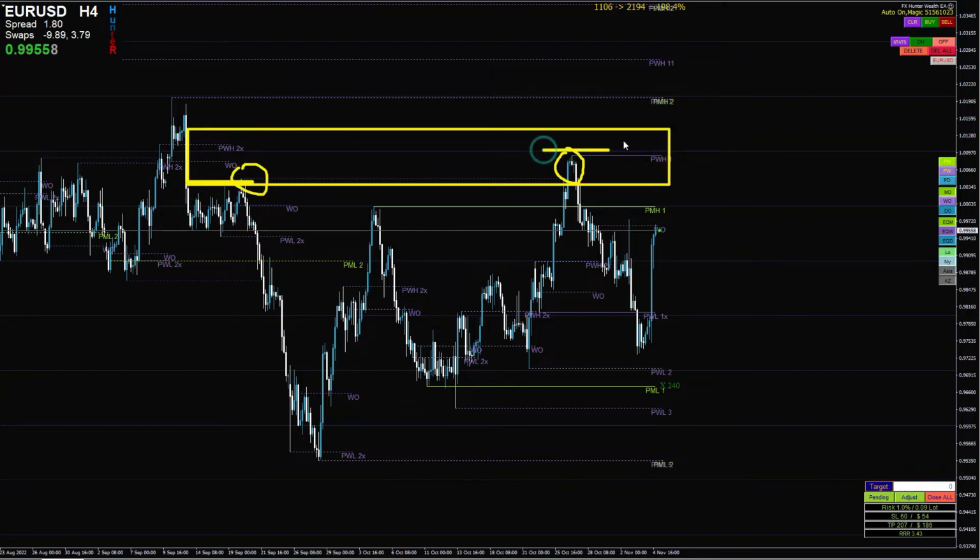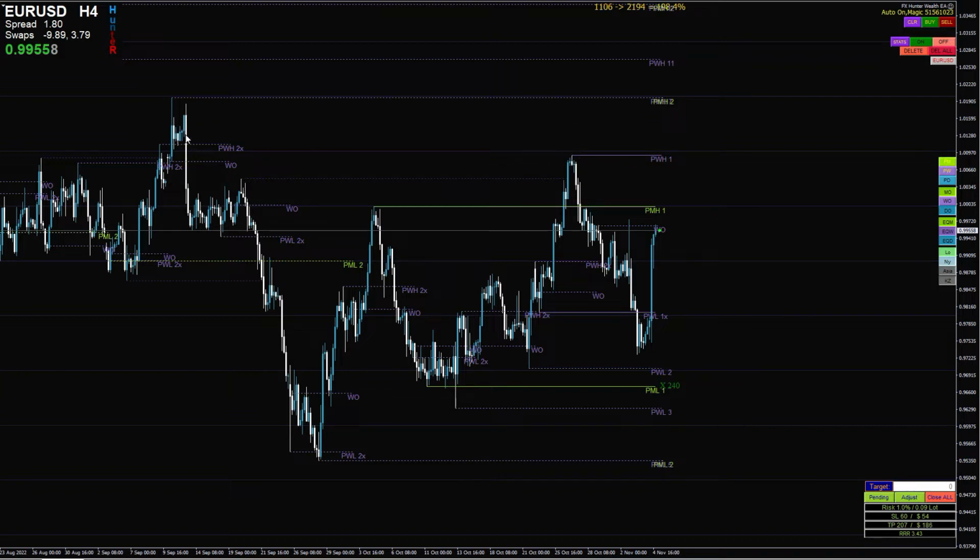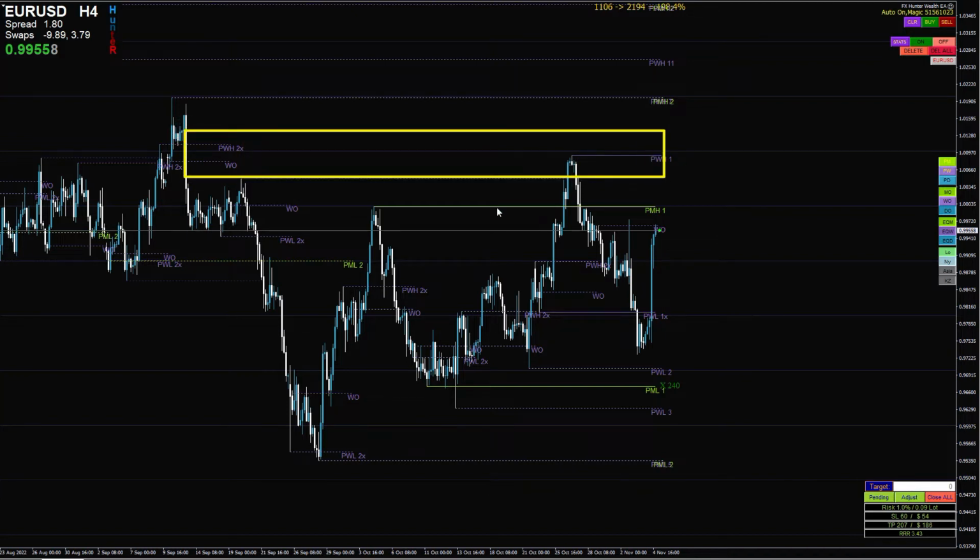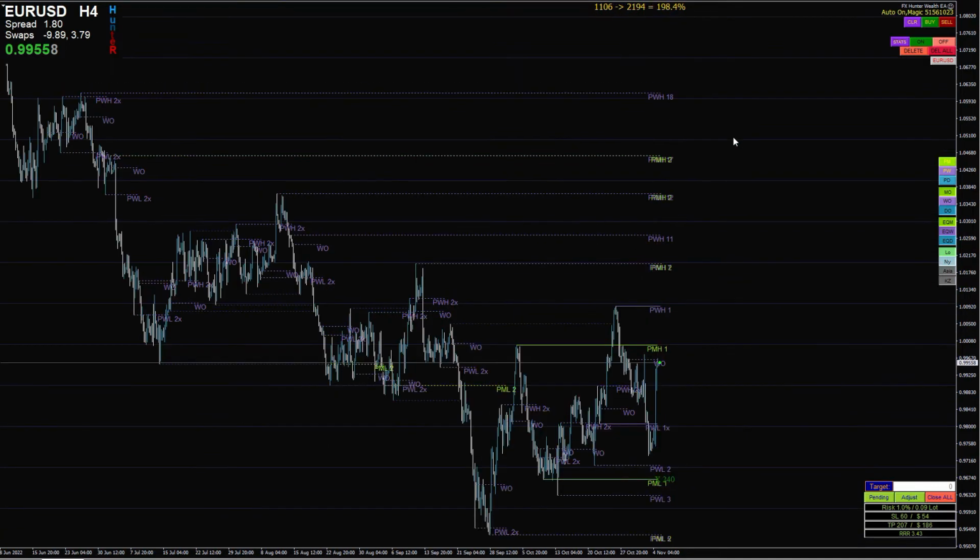We still have this room in here to be filled, and in my experience, if some gap is touched once, two times, then most likely it will be filled completely, right? So I think that we can get the fill of this gap, and as you can see in here, right?